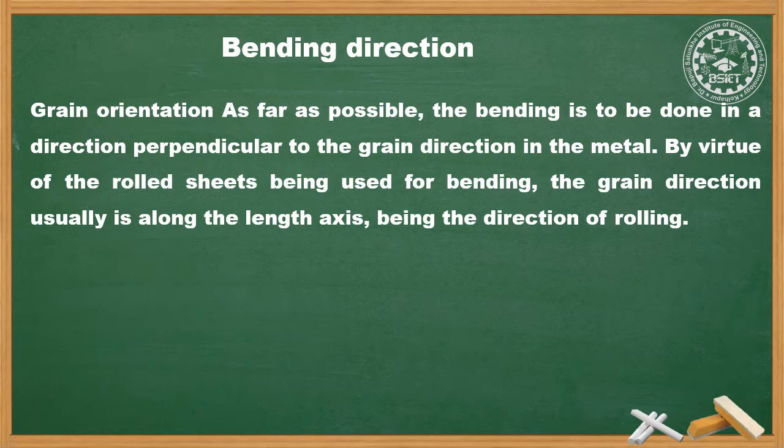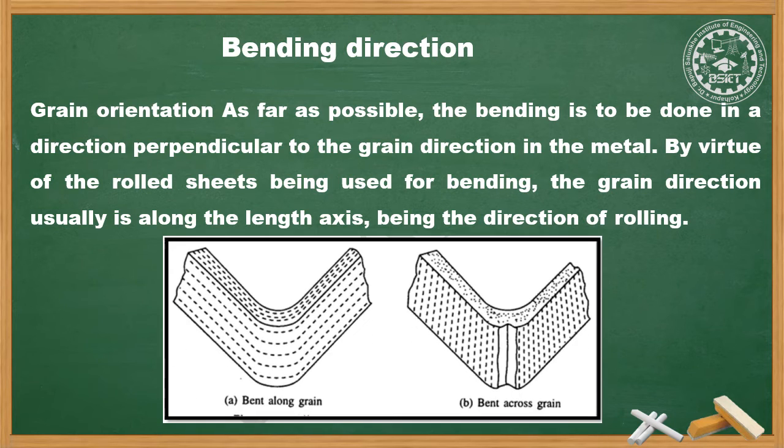There is possibility of cracks appearing at the time of bending if the bending is done along the grains or perpendicular to the grains as shown in the figure. But if two bends are done on the same sheet at right angles, then it may be desirable to make them at 45 degrees to the grain direction so that the risk of cracking is minimized.